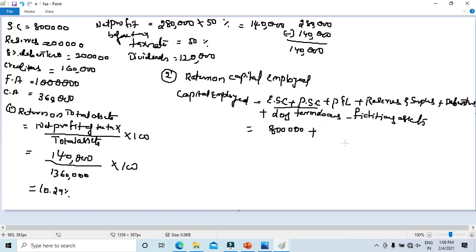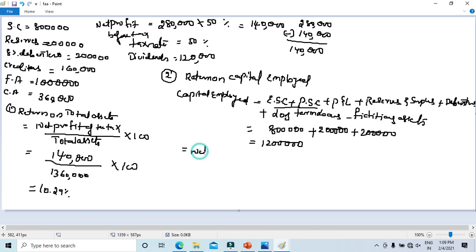Same formula, net profit after tax. I'm just continuing over here. Return on shareholders fund, net profit after tax divided by equity shareholders fund.